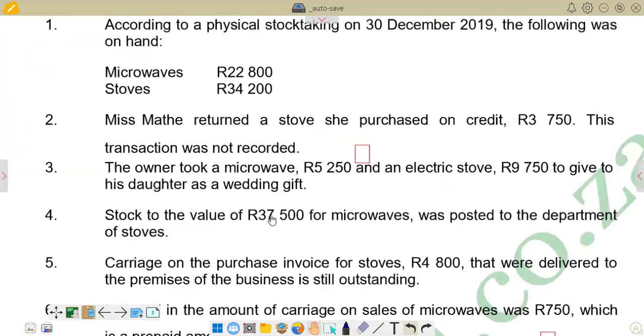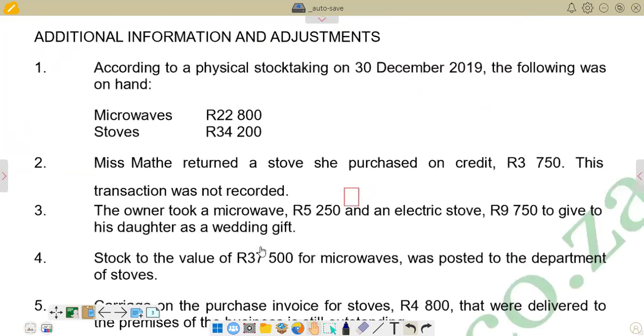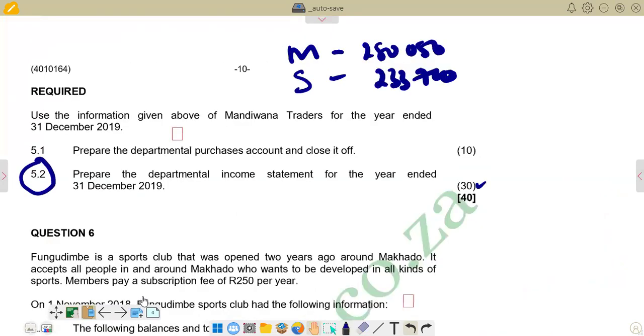If you go to item 1, according to a physical stock taking on 30 December 2019, the following was on hand: microwaves 22,800 and then stoves 34,200. So these are the figures that we are just going to put there.